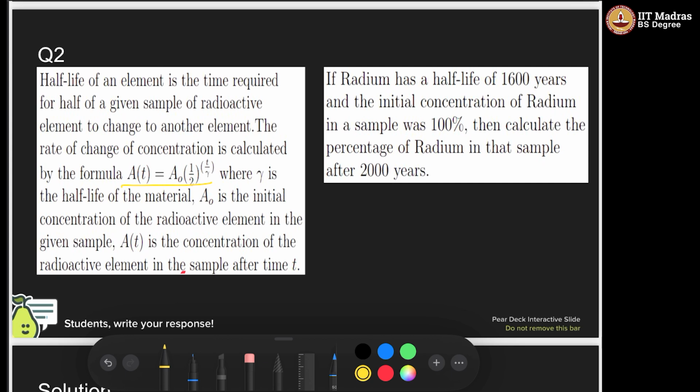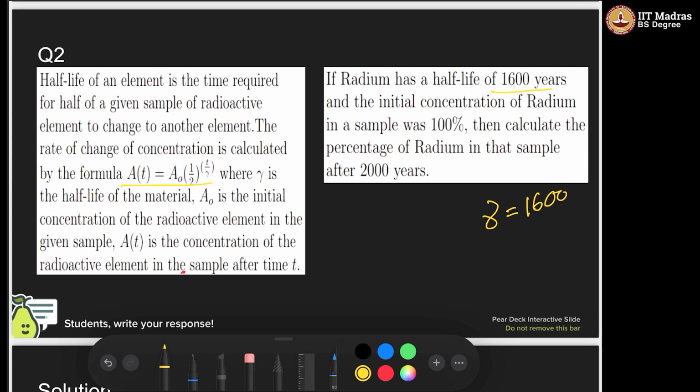So if radium has a half-life of 1600 years, that means gamma, the half-life of the material, is 1600.